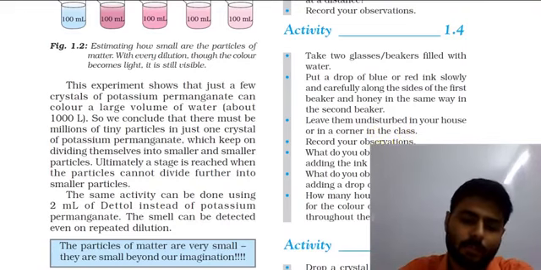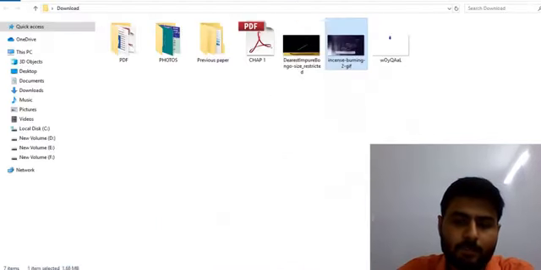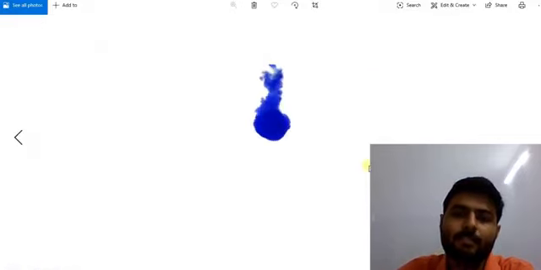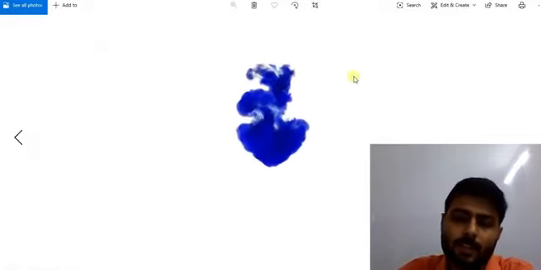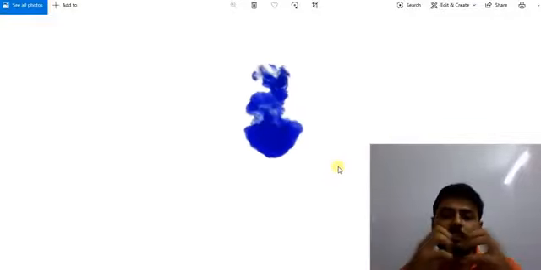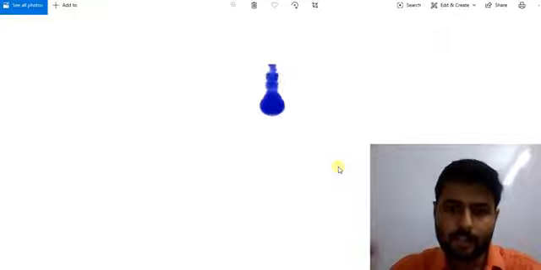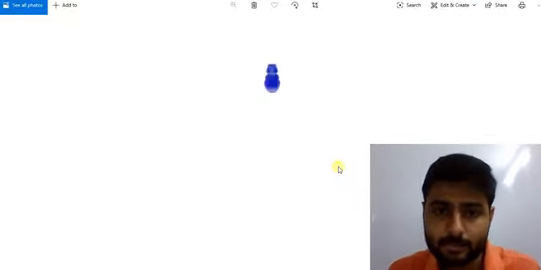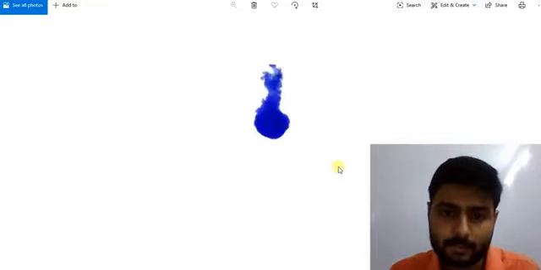Record your observation. What will happen when we put an ink drop in water? We can see this kind of thing. The ink will spread in water in a fraction of a second, in a few seconds.